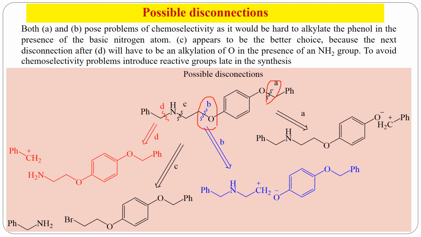But both these disconnections pose the problem of chemoselectivity, as it is hard to alkylate the phenol. Here, in the case of A or B, we have to alkylate, we have to add this group on this phenolic component, or in the second case we have to add this alkyl group on this phenolic component.